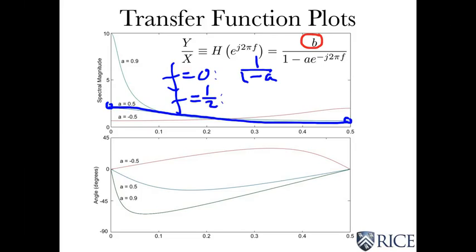Well, e to the minus j 2 pi f times a half, that's e to the minus j pi, and you know that's minus 1, and so the value at frequency a half is 1 over 1 plus a. So this value is something like 2/3, and this value up here is 2. So it doesn't have much difference in the gain at high and low frequencies.